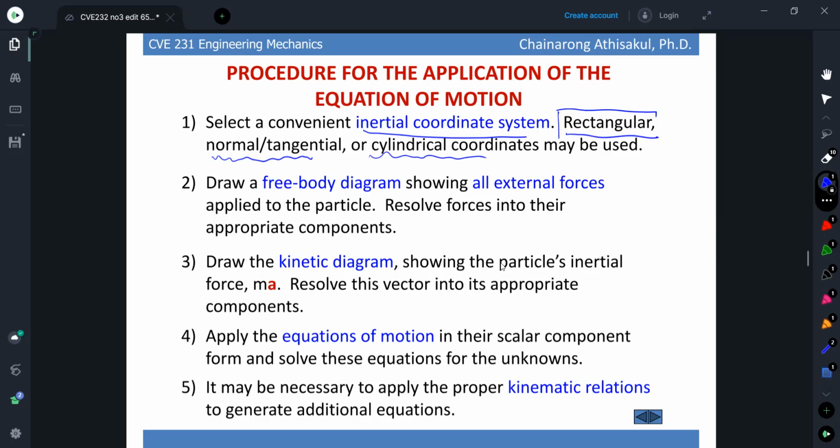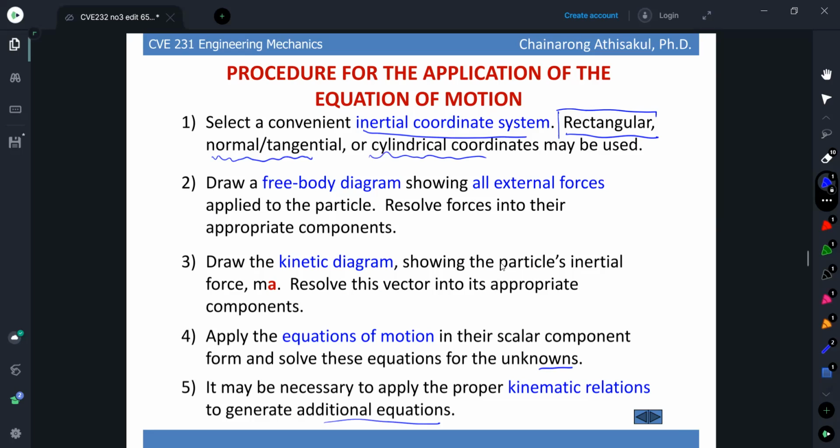Then we apply the equation of motion in scalar component form and solve these equations for the unknowns.